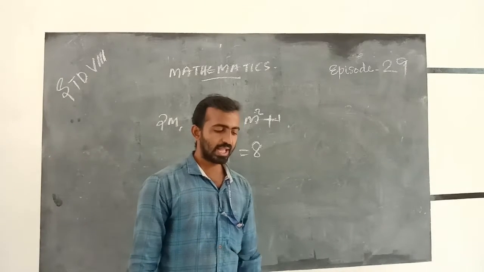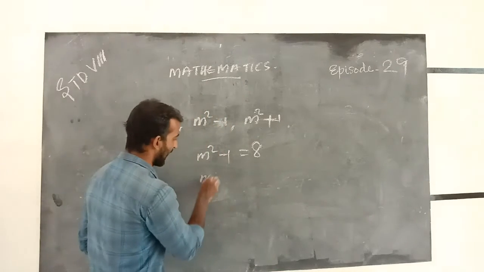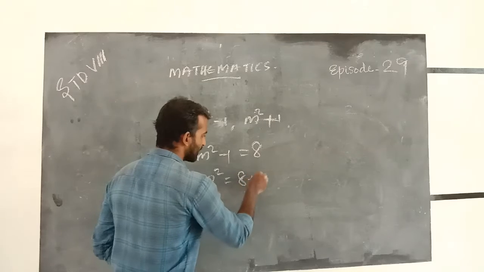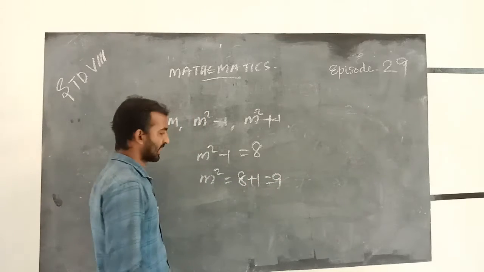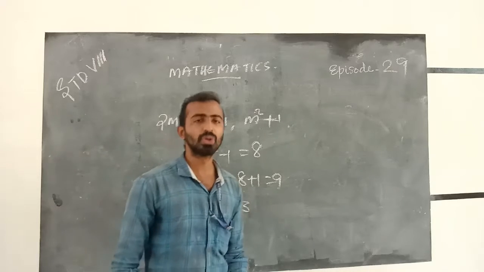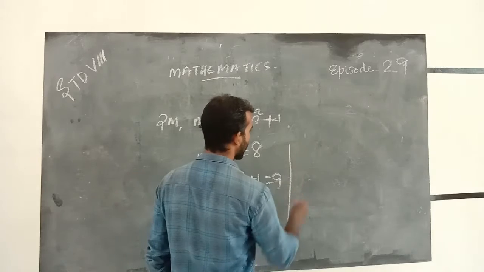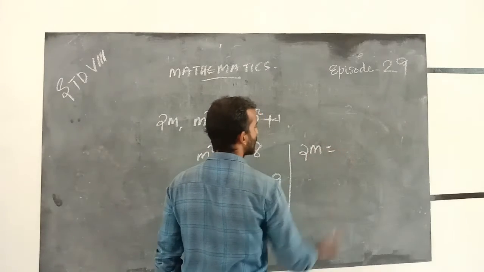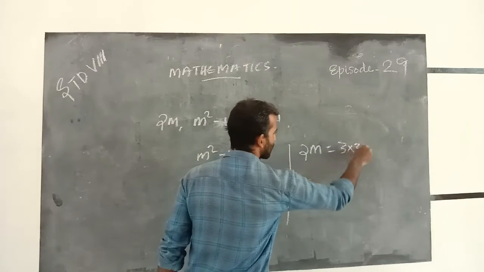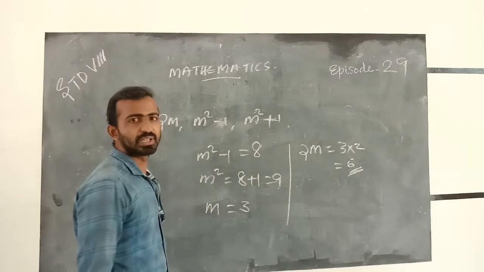So first we take m square minus 1 equal to 8. That is m square equal to 8 plus 1, which is 9, so m equal to 3. Then 2m is 2 into 3, which is 6.